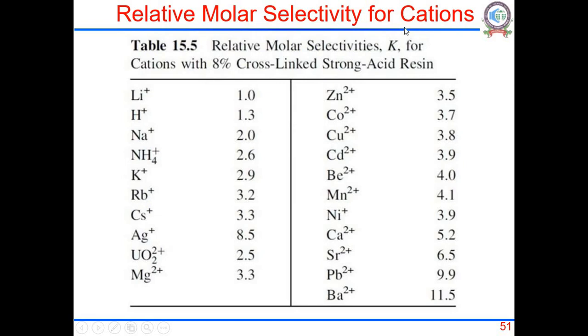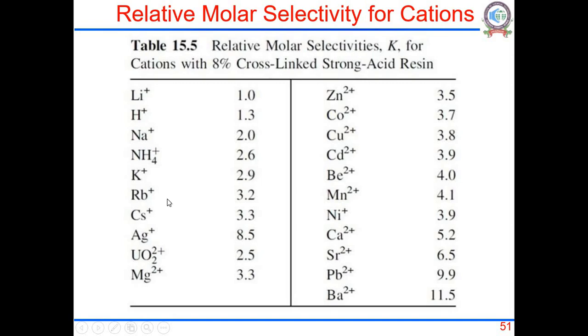The relative molar selectivity for various cations is listed here. For example, potassium has a relative molar selectivity of 2.9, whereas H plus is 1.3. That means if the resin is in H plus form, it will be favorable for it to be exchanged with the potassium ions.